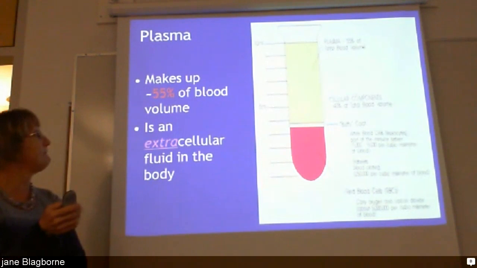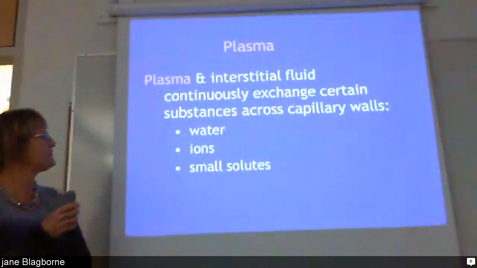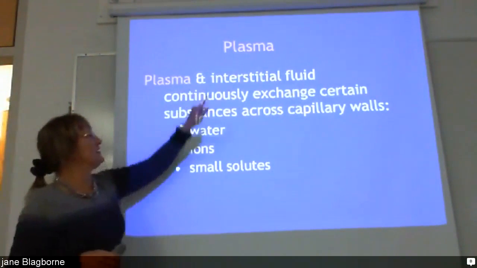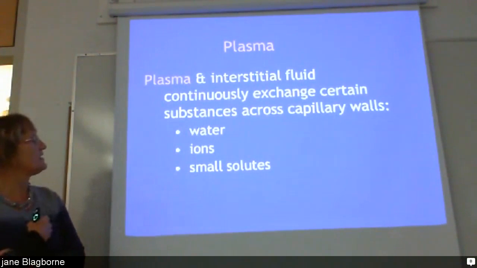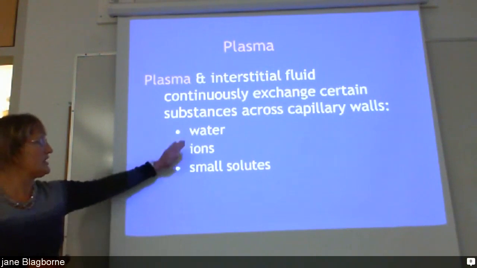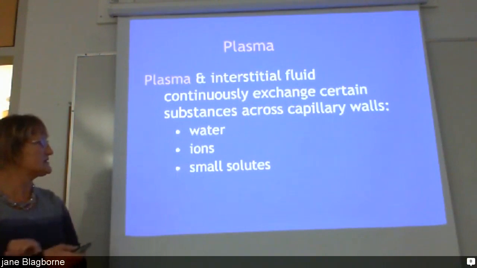Okay. So it says plasma, and that's a funny N, I know, it's weird, and interstitial fluid. They continuously exchange certain substances across the capillary walls. What they do exchange is water and ions and small solutes.